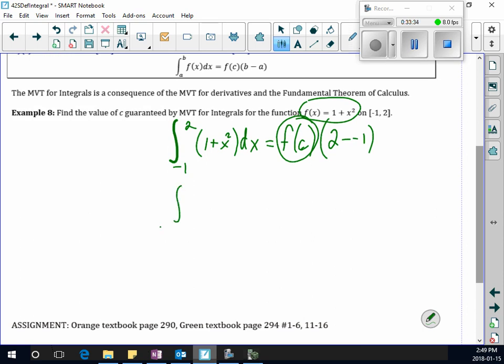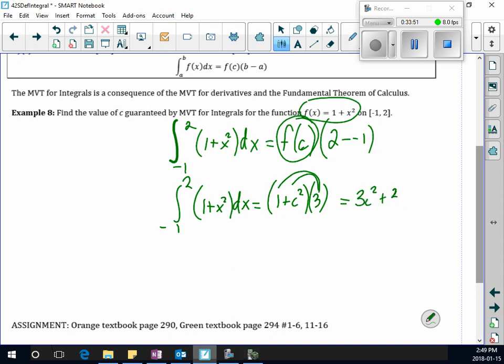So this is negative 1 to 2. I'm just going to clean this up again. The integral of 1 plus x squared dx is equal to 1 plus c squared times 3, which if I multiply that, I get 3c squared plus 3. So we're going to use our calculator to find that value.